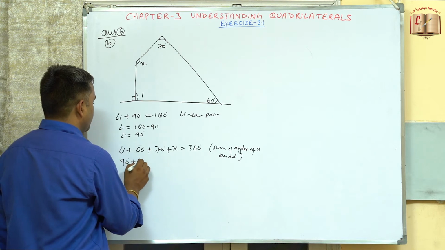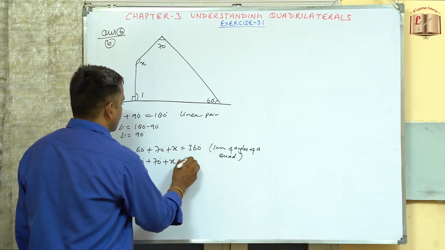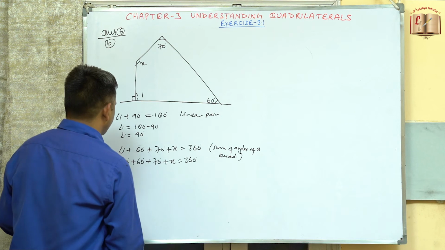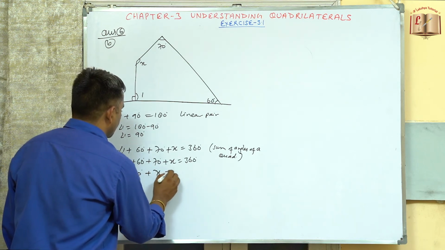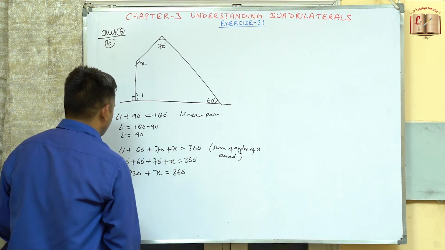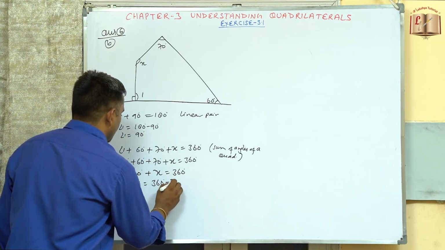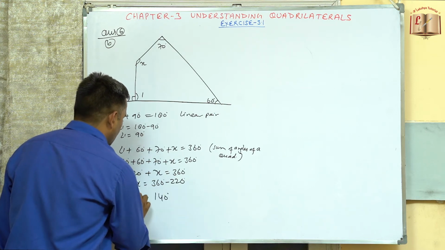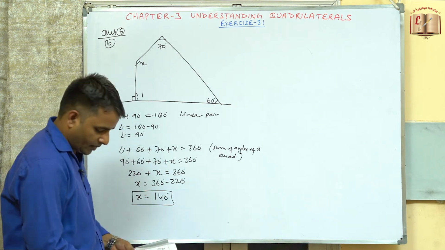So 90 plus 60 plus 70 plus x equals 360 degrees. So the sum of all this is 220 plus x equals 360 degrees. So x equals 360 minus 220. So x equals 140 degrees. So we got x as 140 degrees.